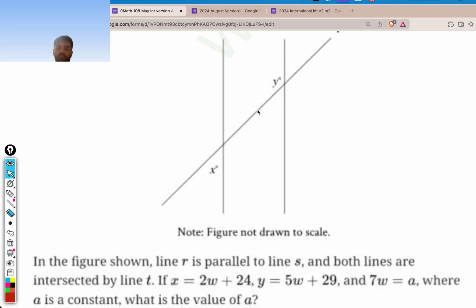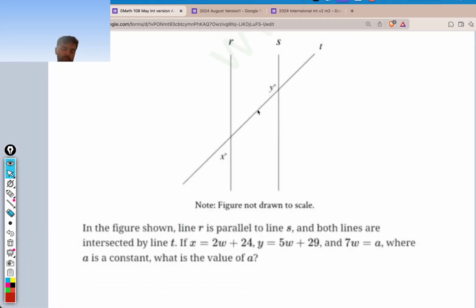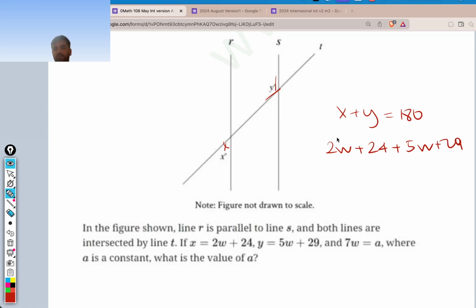9. For 9 we have to think like this. This one is an obtuse angle, this one is an acute angle, so their sum is equal to 180. 2w plus 24 plus 5w plus 29 is equal to 180.